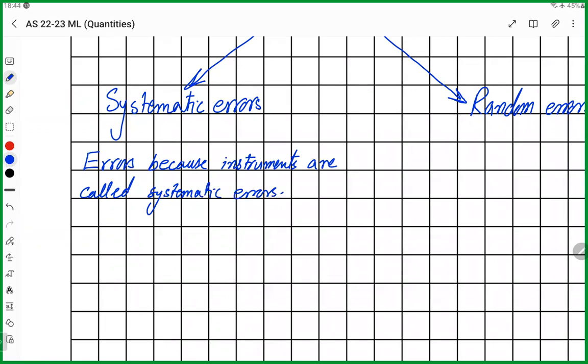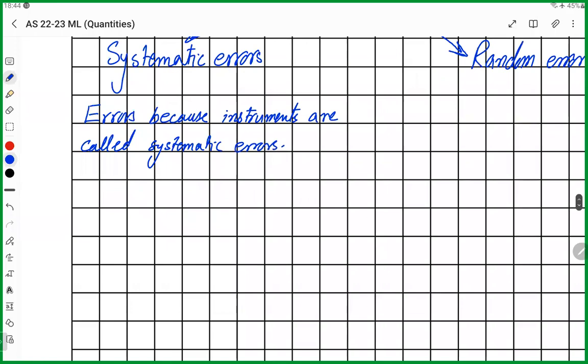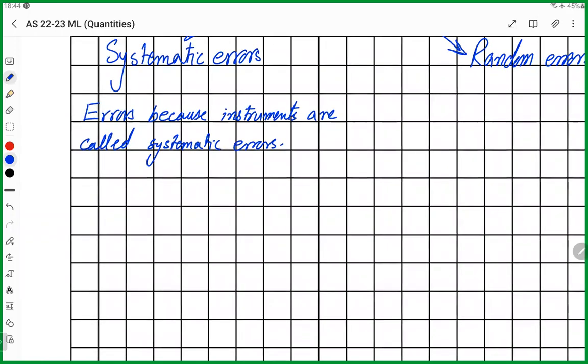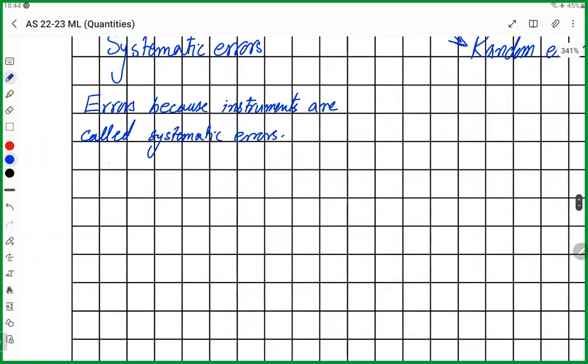Errors because of instruments are called systematic errors. These errors have fixed and predictable values.